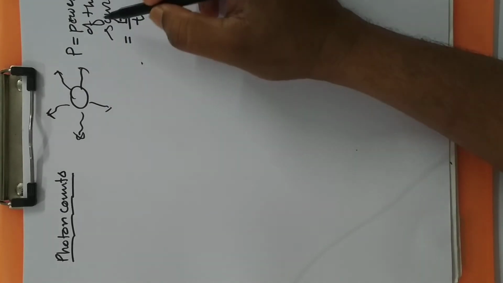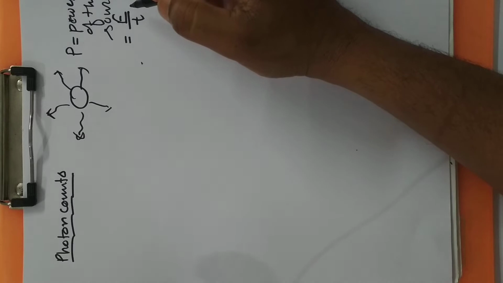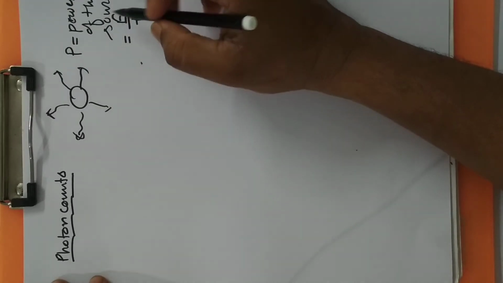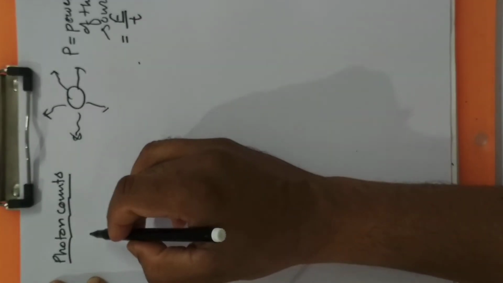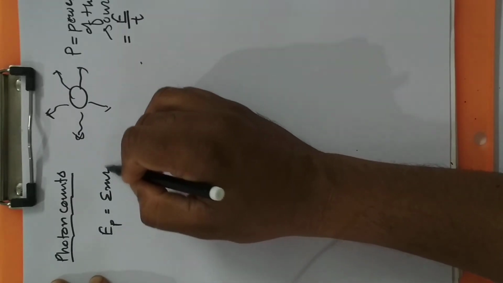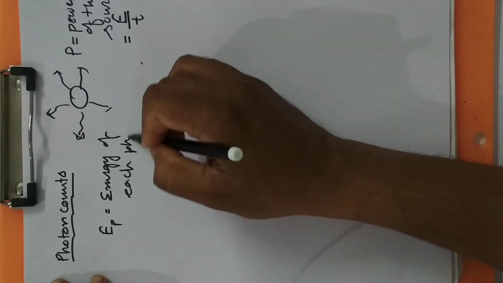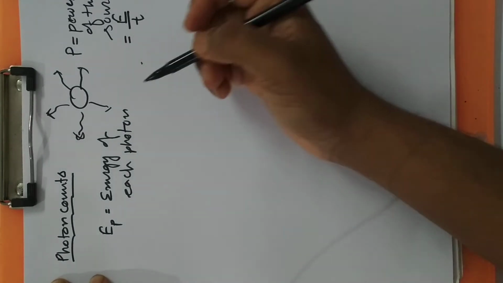So power is nothing but energy per unit time. Let us call the energy of each photon EP.